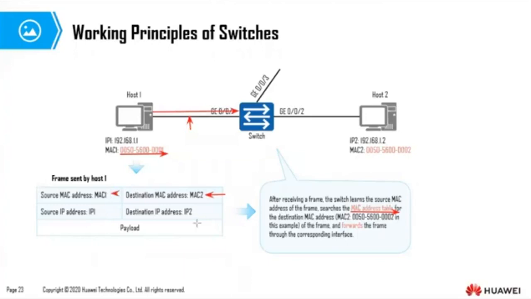It will also have the IP header. After receiving the frame, the switch will learn the source MAC address of the frame, search the MAC address table for the destination MAC address of host 2, and forward the frame through the corresponding interface.